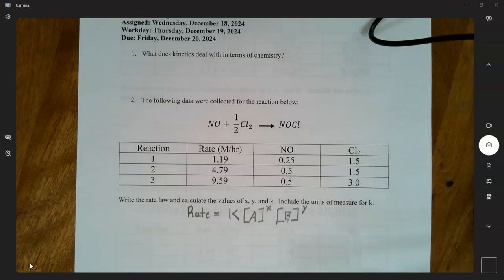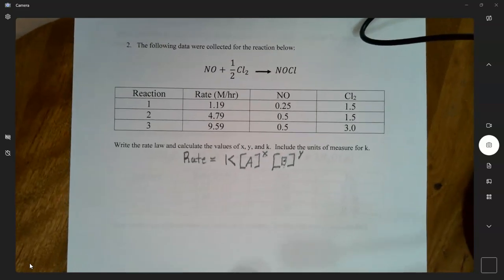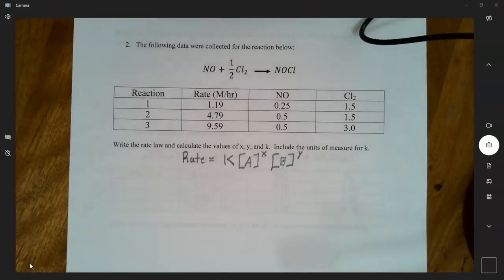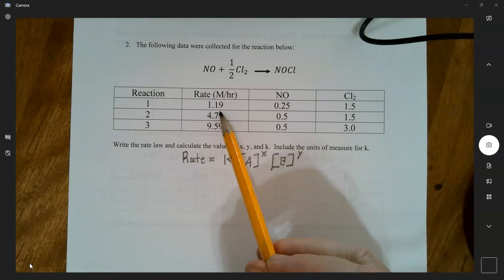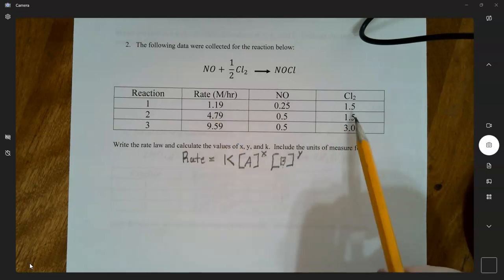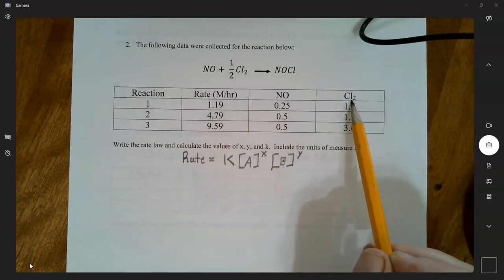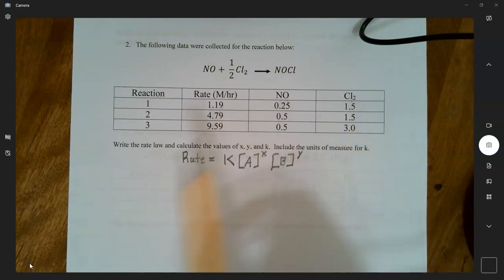Okay, so I want to be sure you know how to do one of these. I'm going to actually write out the series of steps, and I want you to do that as well. So what we're going to do is find out how much changing the concentration of NO affects the rate. And then we're going to find out how much changing the concentration of Cl2 affects the rate.